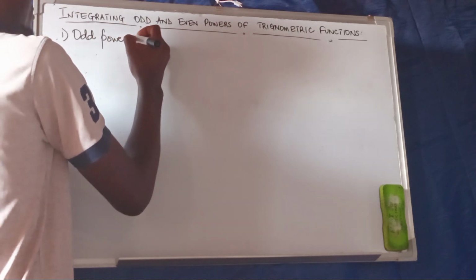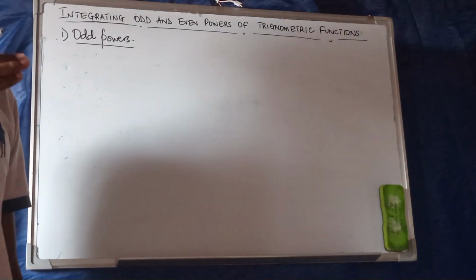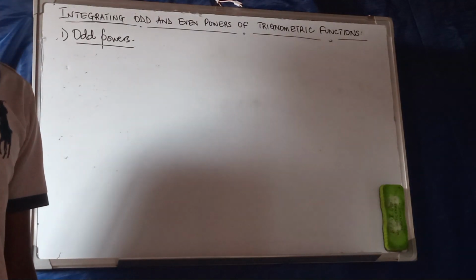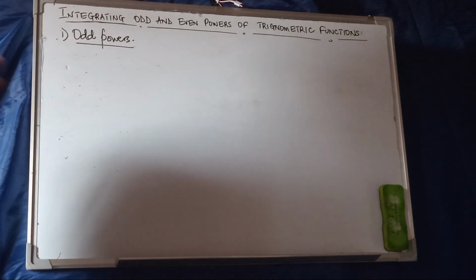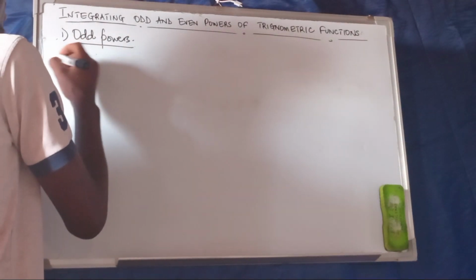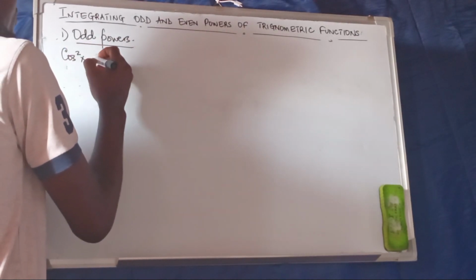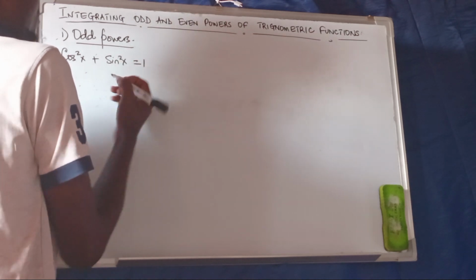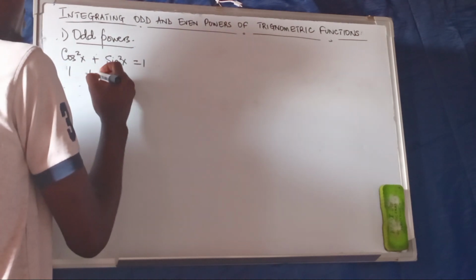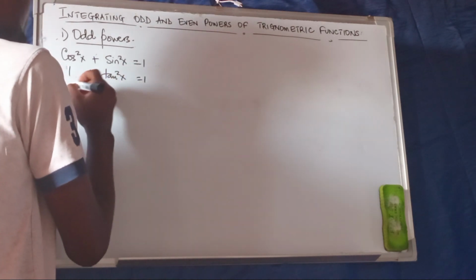I'm going to start with odd powers. So when we are dealing with odd powers, we shall need three things. We shall need the Pythagoras theorem. What do I mean by Pythagoras theorem? We shall need that, and we know that 1 plus tan squared x is equal to sec squared x.